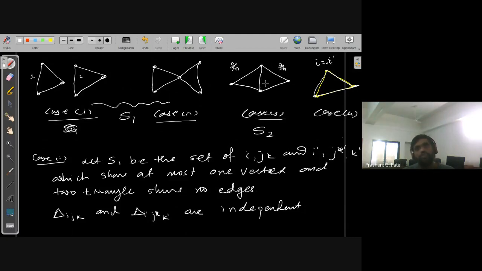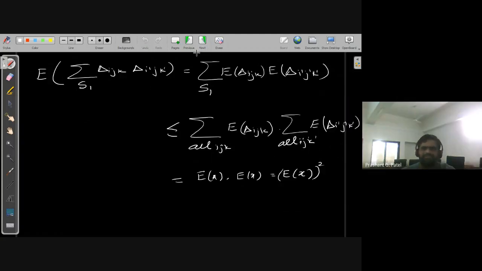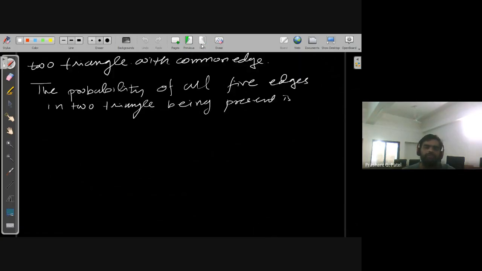Third edge is also D by n. Fourth edge is also D by n. Fifth edge is also D by n. So all these 5 edges are present. Then what will be the probability? It is D by n to the power 5.